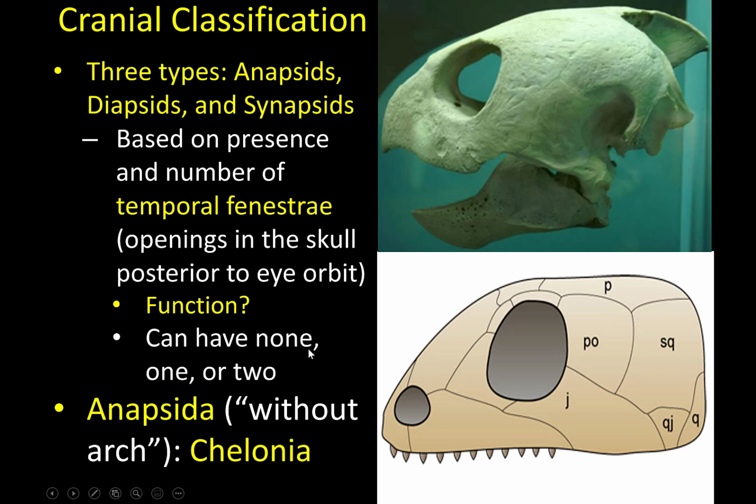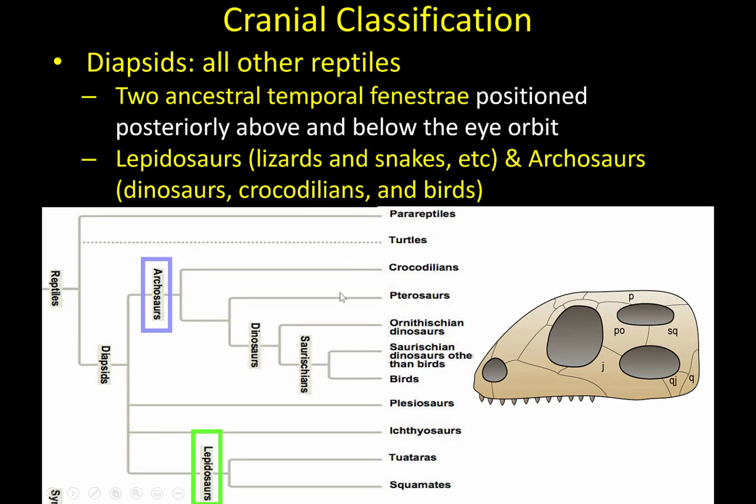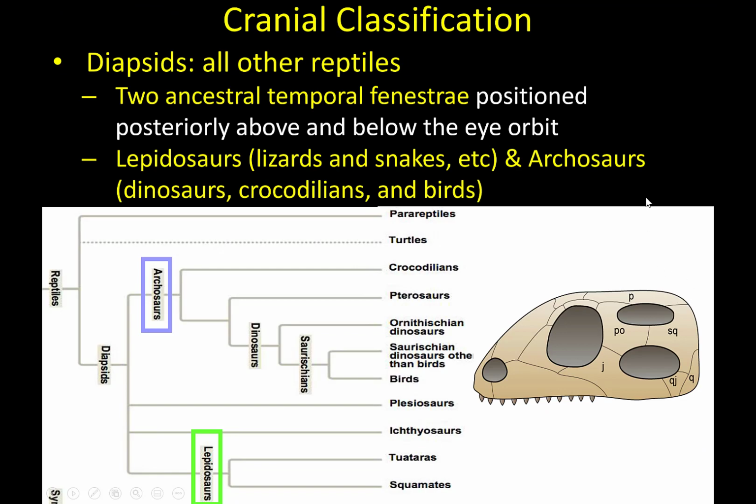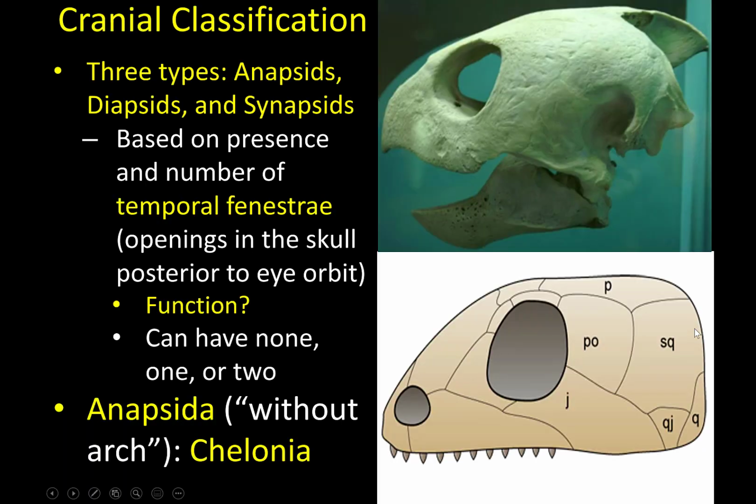Now, you can have either no temporal fenestra as a vertebrate, you can have one of them, or you can have two. The animals that lack temporal fenestra entirely are called anapsids. Apsid means arch. These things kind of look like archways in the skull, little arches made of bone.